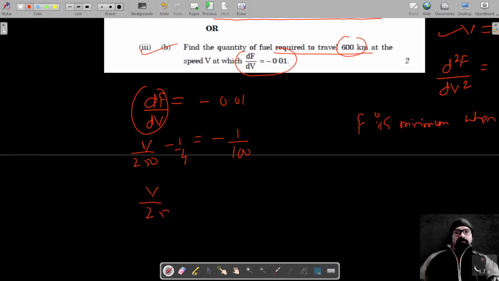So v by 250 is equal to 1 upon 100 plus 1 by 4. LCM is 100.